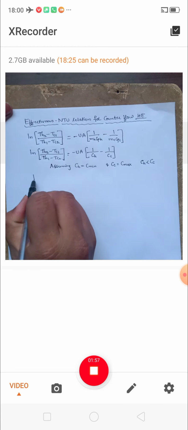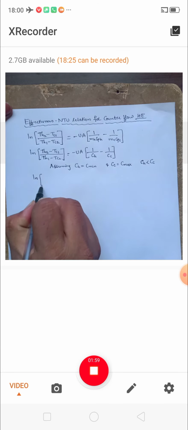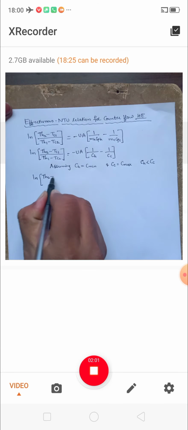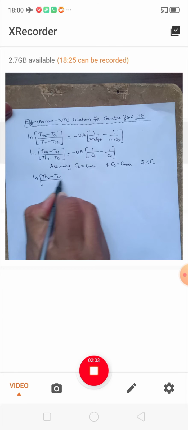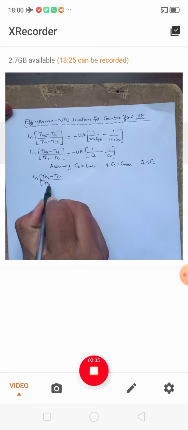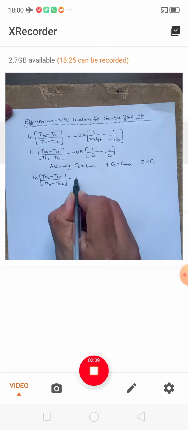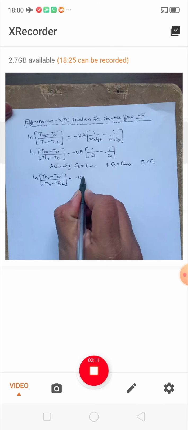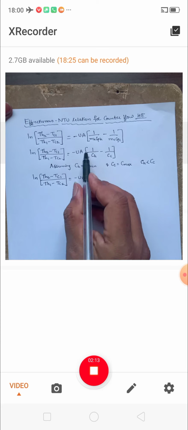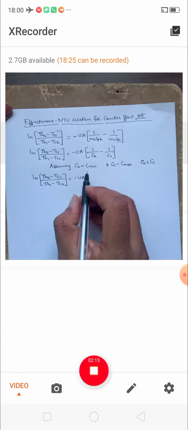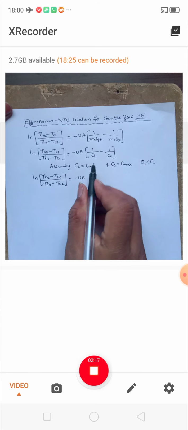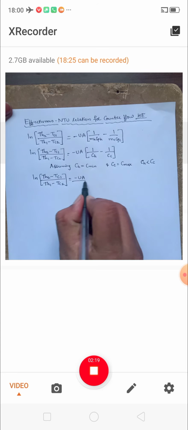So now here let me write log of (TH2 minus TC1) divided by (TH1 minus TC2). I will take here minus U into A. I will take 1 divided by CH as common. Where CH is C minimum, directly I will write here C minimum.